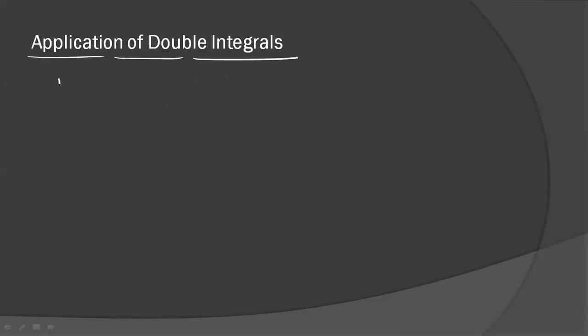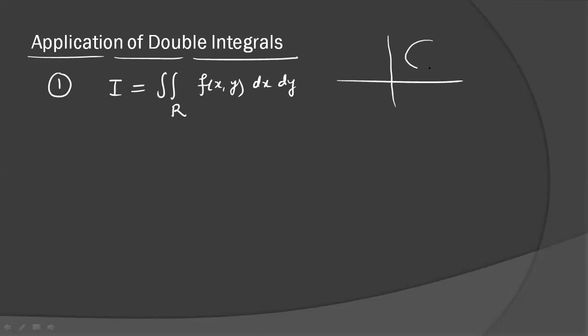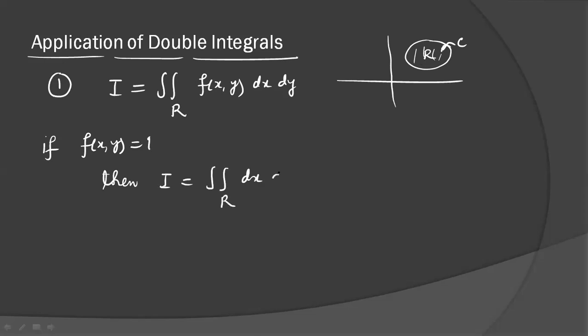First is very important. This is our representation of double integration over region R, f(x,y) dx dy, and I'm taking the region R here. This is our R region, and it is bounded by a closed curve C. If f(x,y) equals 1, then the integration will become dx dy.